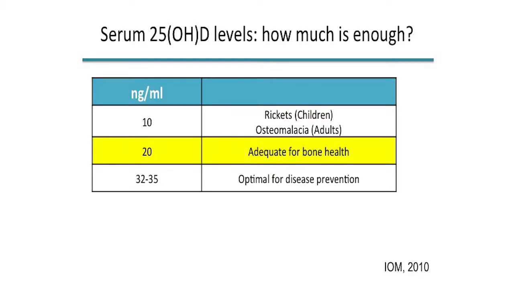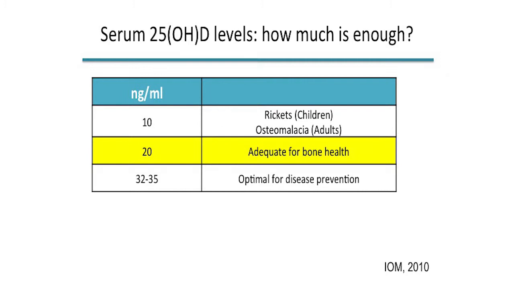If you're worried about your vitamin D status, then you ask your physician to order a test for serum 25-hydroxy-D. If that level is 10 nanograms per ml, that's really low. If you are a young child, then you're at risk for a bone disease called rickets. And if you're an adult and you have very low levels of 25-hydroxy-D, less than 10 nanograms per ml, then you're at risk for osteomalacia, which is a fancy word for bone pain.